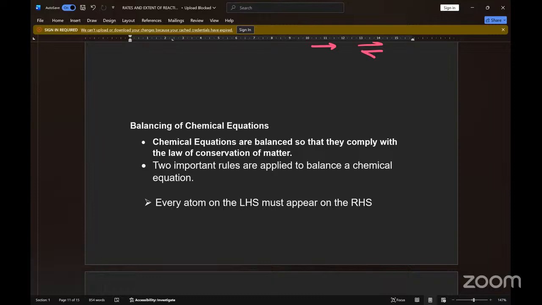So there are two basic principles pertaining to balancing of chemical equations. The first one is that all the atoms that appear on the left-hand side, in this case, I use the symbol LHS, must appear on the right-hand side. So that is the first principle.